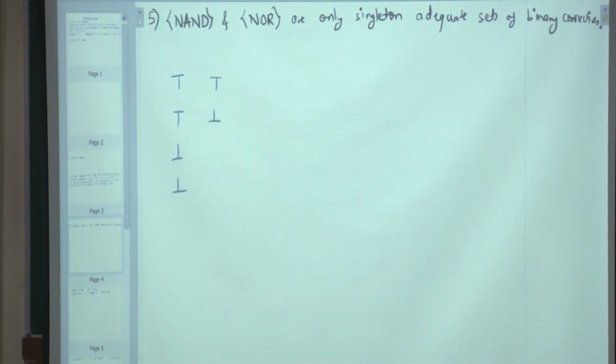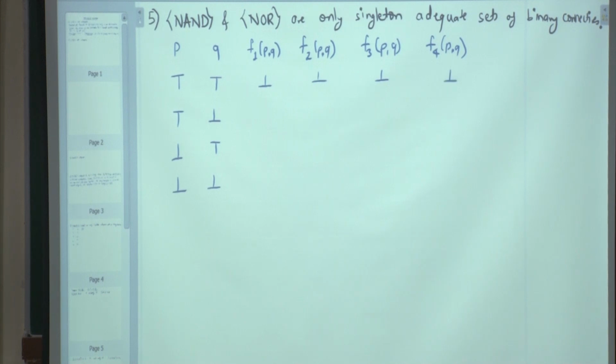So let us write down all such choices. Okay, so this is, let's say, P and Q. And then I'm just going to say F1 of PQ, F2 of PQ, F3 of PQ, and F4 of PQ. These are the only possibilities. We know that true must give you false.